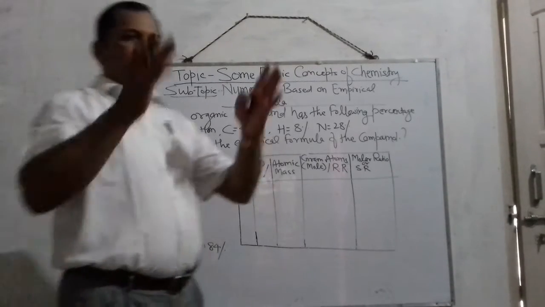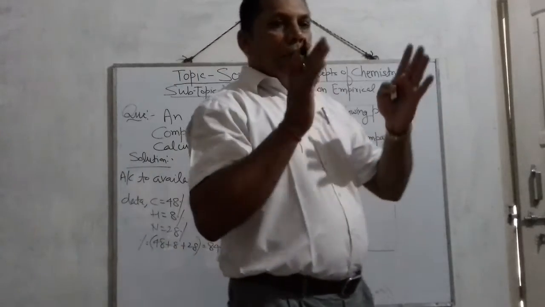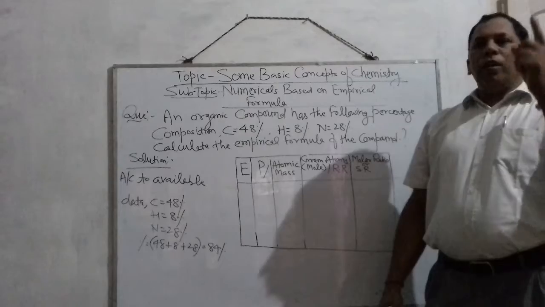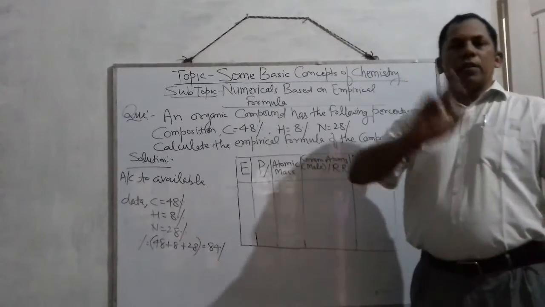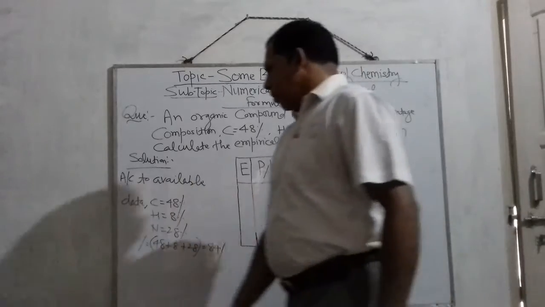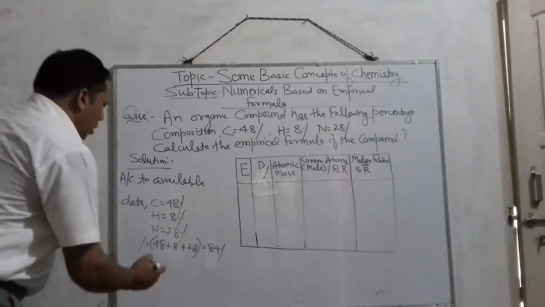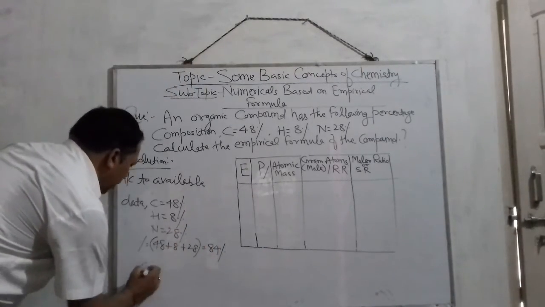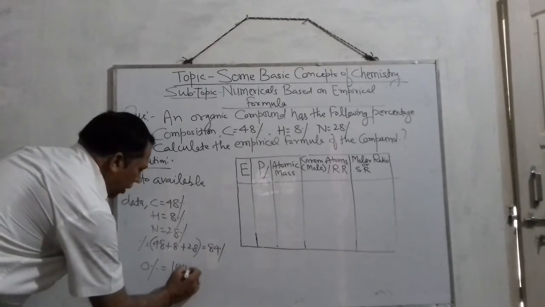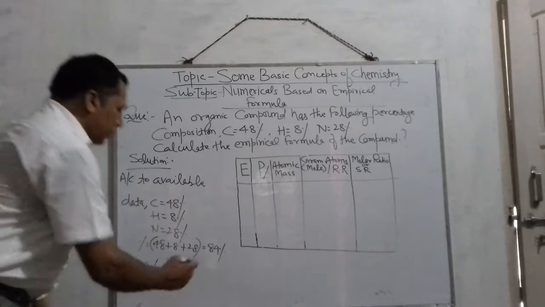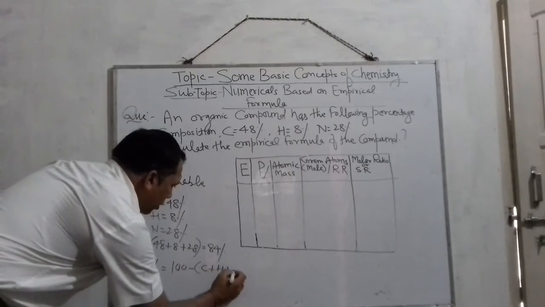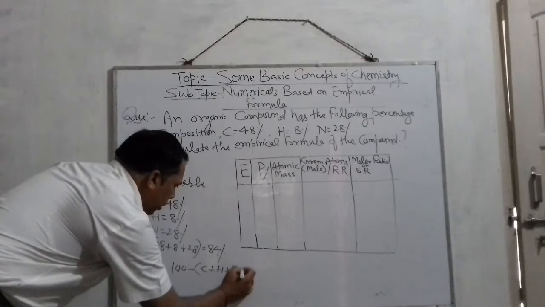Student, it is less than 100. So must remember the rest 16% will be oxygen in that compound. Point clear, children? So the percentage of oxygen will be calculated as 100 minus the sum of the percentages of carbon, hydrogen and nitrogen.